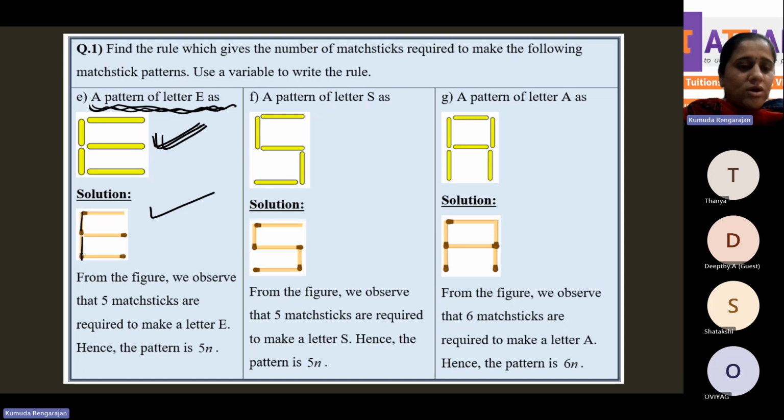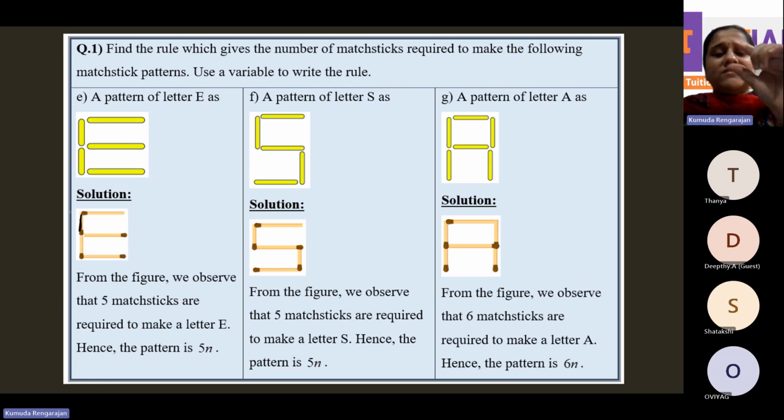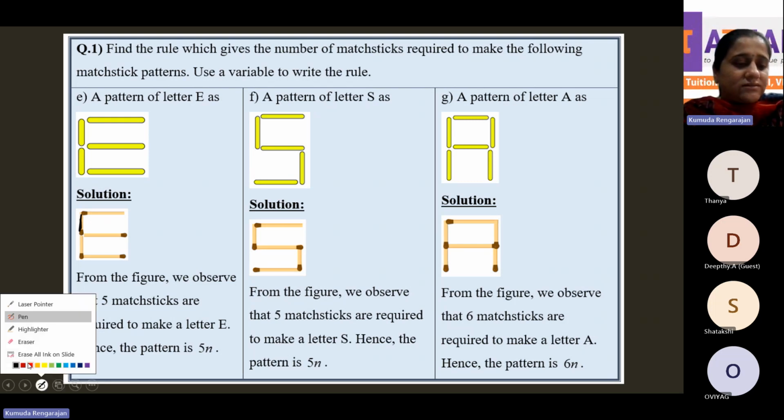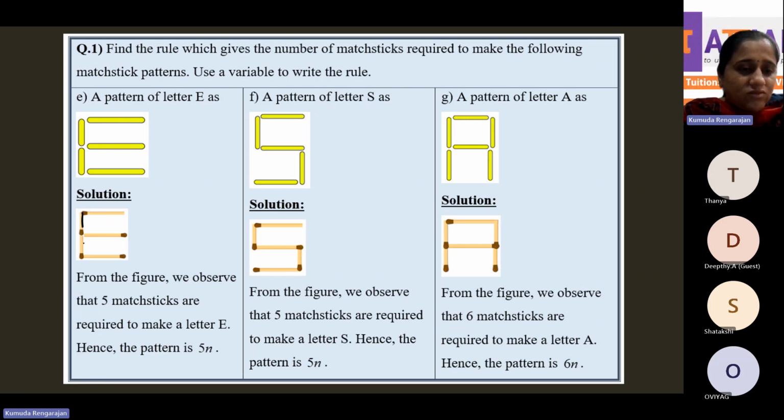1, 2. So even if this does not look like the full length, you will need one matchstick, right? Now this one is maybe, as Deepthi was telling, half of it is broken. Even then, you will need 2 sticks, right? Because you need the head of the matchstick.